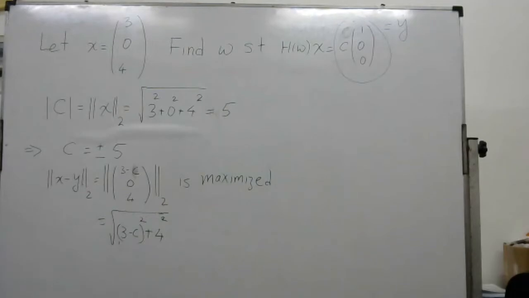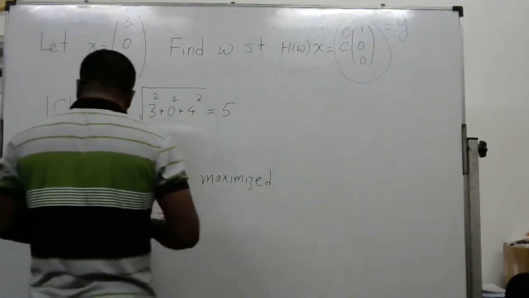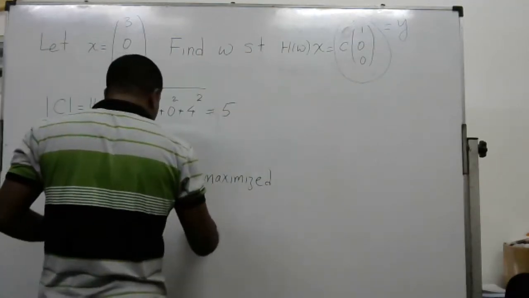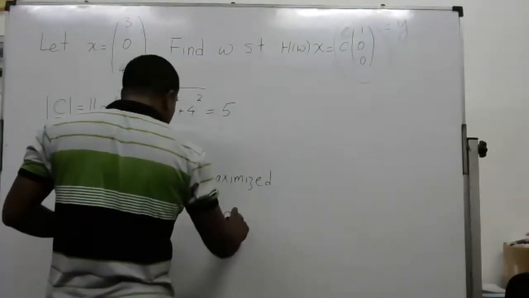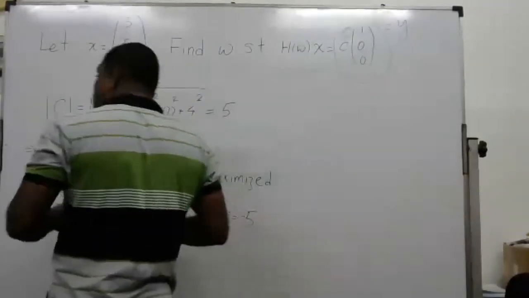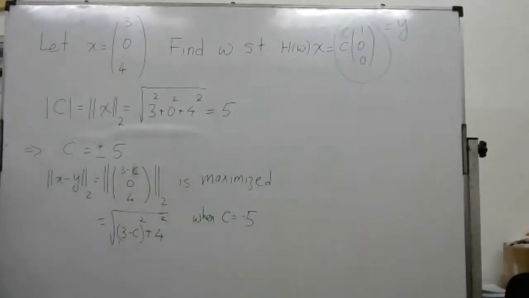This is maximized when c is minus 5, because when you put minus 5 you get 8 squared, and when you put c equal to 5 you get 2 squared.